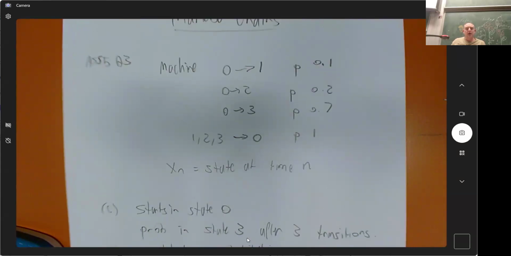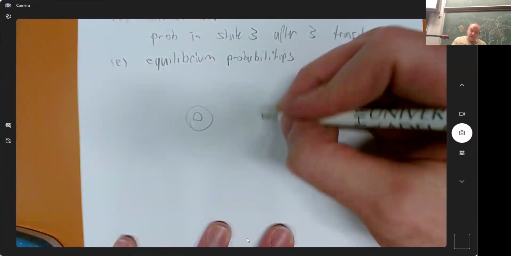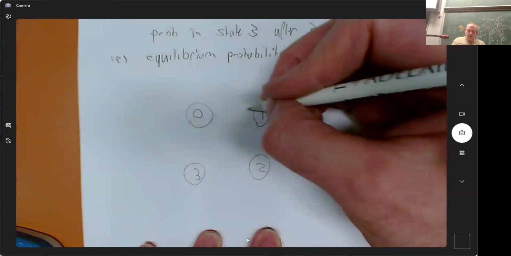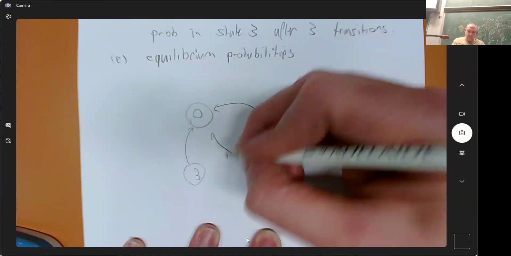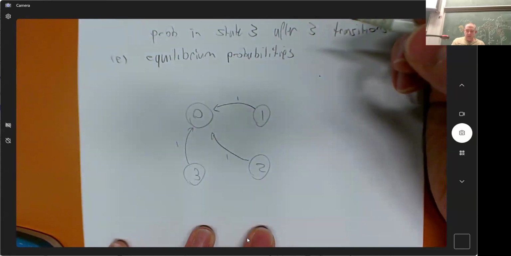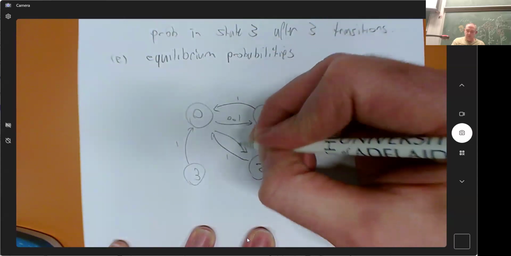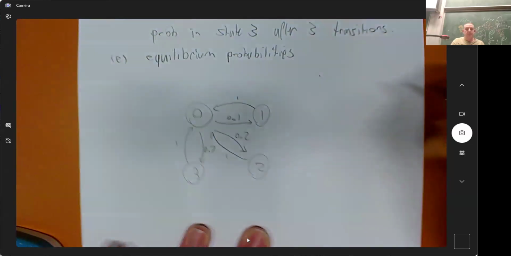And so even though we are not interested in part A, I have to draw the diagram in order to process this. So we have state 0 and state 1 and state 2 and state 3. And these are all just 100%. And it goes to state 1 with 0.1 and state 2 with 0.2 and state 3 with 0.7.